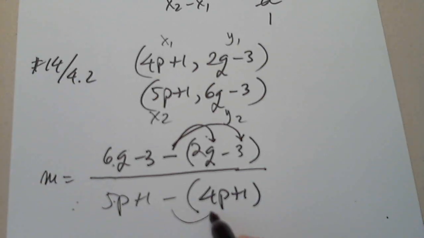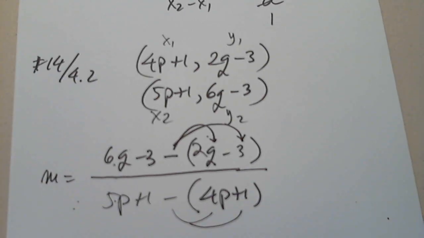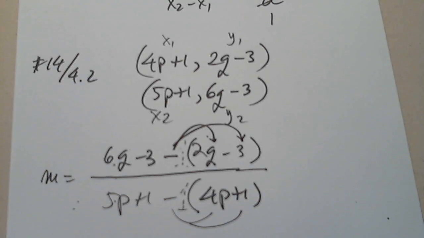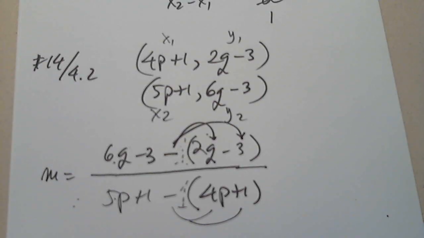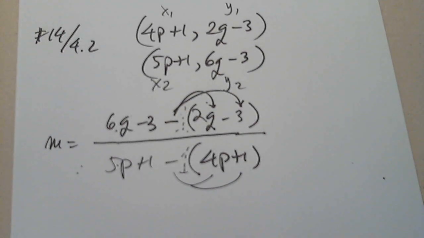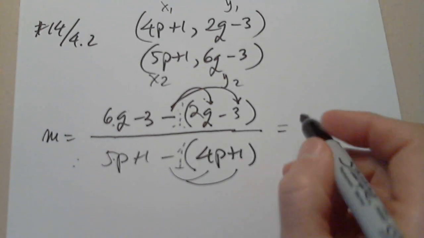So I have to subtract both terms. In other words, I have to distribute that imaginary negative 1 to both terms, not to just the first one. Is this okay so far? Is it understood? Yes, no? Yes. Okay, perfect.